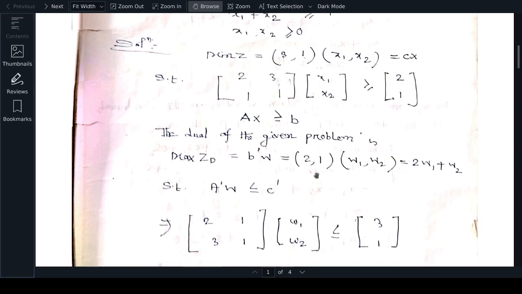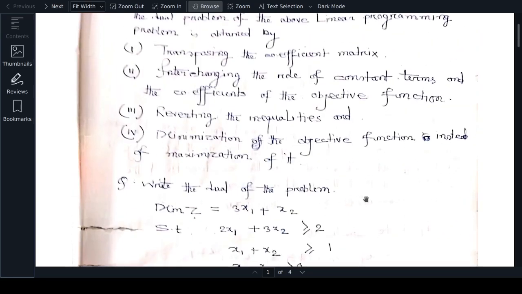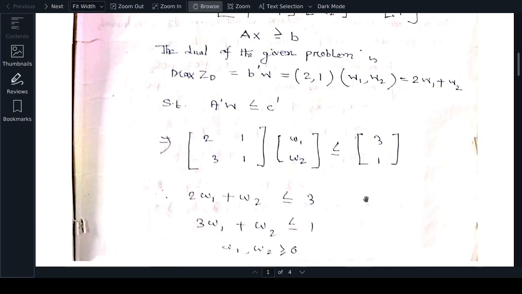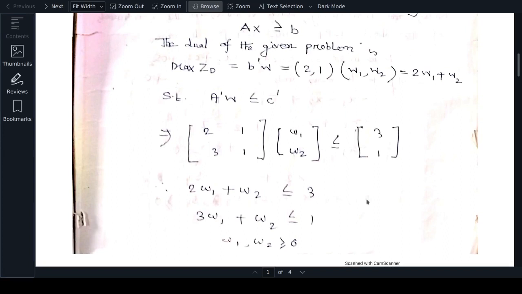Then the coefficients of the objective function of the original problem, 3 1, come here in the constant part. Then multiplying out the matrix gives 2w1 plus w2 less than or equal to 3, and 3w1 plus w2 less than or equal to 1. So this is how to write the dual from the primal problem.